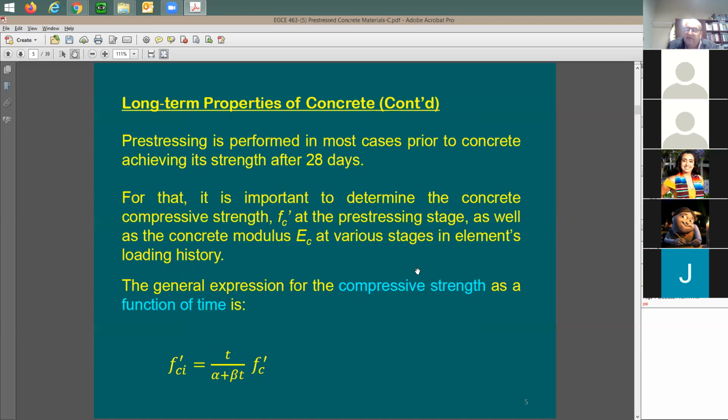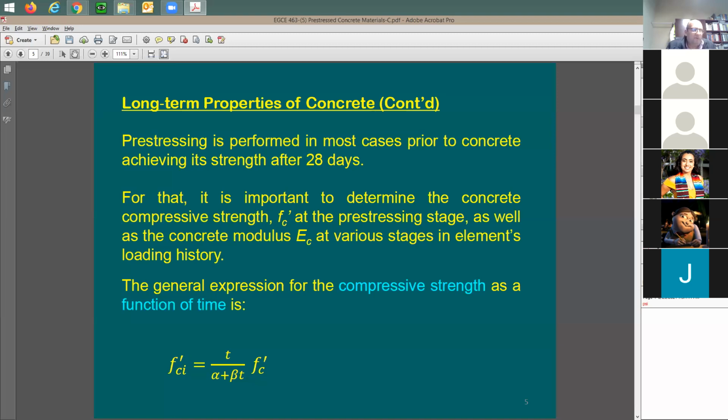This F prime CI, the concrete strength at initial pre-stress, like what was given in the previous homework, was equal to 4,000, while F prime C was equal to 5,000. So I understand 5,000 at 28 days, but at the time of pre-stress, it was given as 4,000. My question is, how do you figure out this F prime CI, and after how many days?